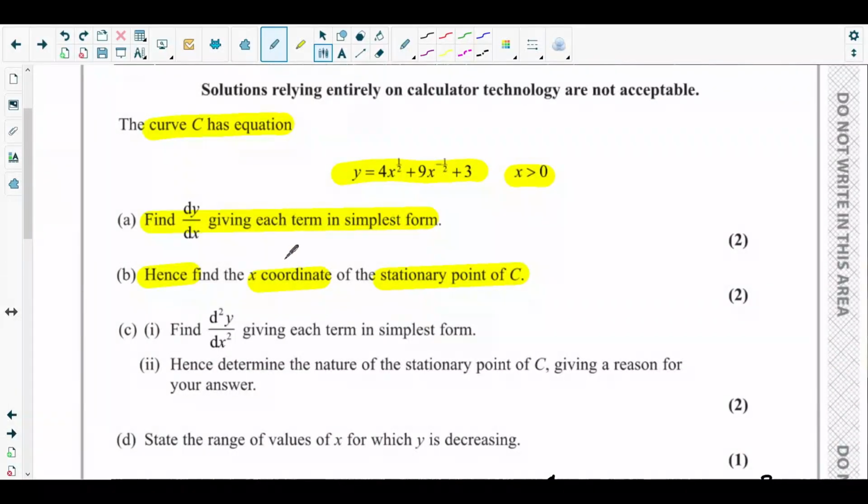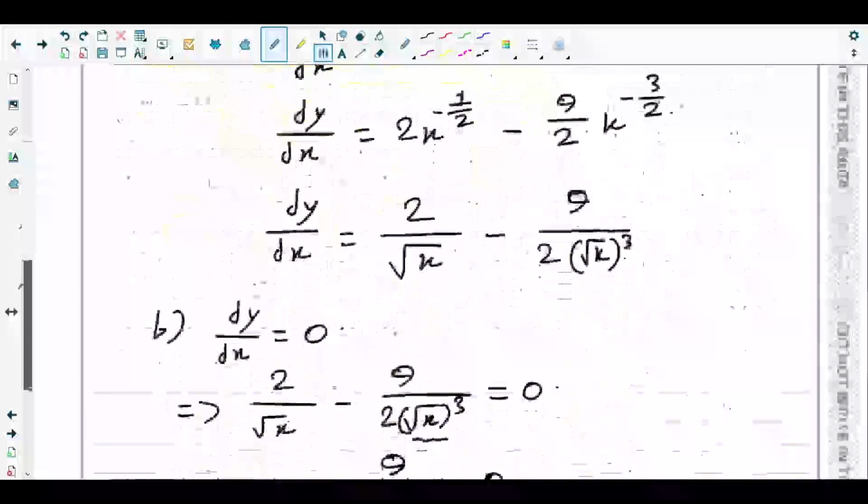Next is part C1. It's asking to find d squared y over dx squared, that is the second derivative, giving each term in simplest form. So we need to find the second derivative.